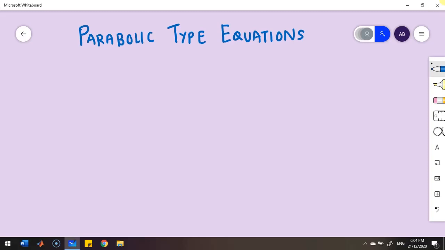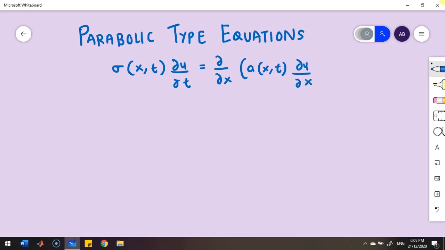So the linear parabolic partial differential equation is denoted by this equation here, and then you have the two space dimension given as a x t partial u over partial x minus c x t u. Okay, this equation holds within some prescribed region R.